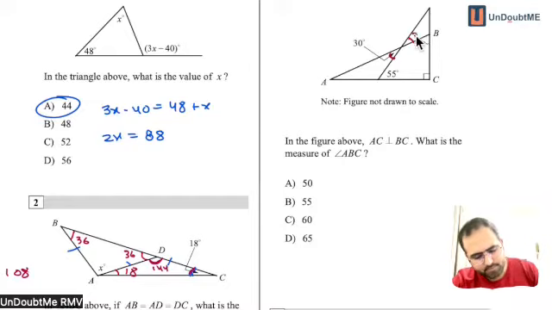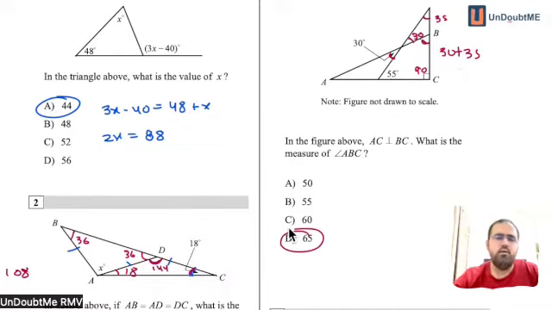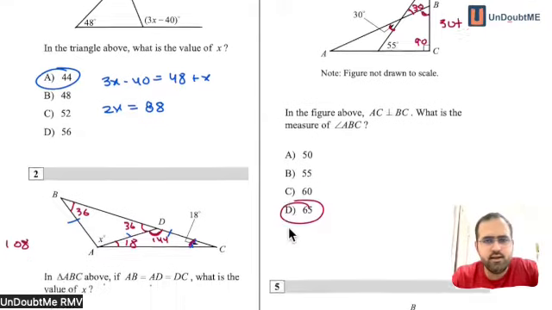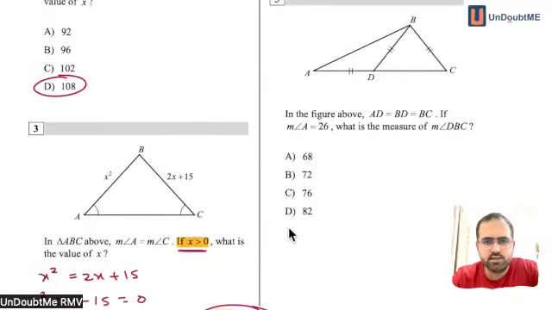Sir, why can't you just do it like this? 55 plus 90 will be 145. This will be 35. B is the exterior angle for both of them. So B will be equal to 30 plus 35, which is 65. What were you thinking? Nothing. Okay, next.